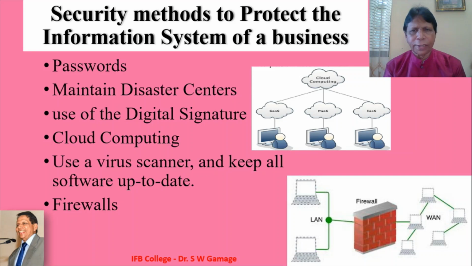They try to protect the value of their documents. Sometimes, without having a disaster center, they store it in cloud computing. One point is that sometimes cloud computing might not be a good system to protect the data. Anyway, using a virus scanner, right, keeping all software up to date, and firewalls are the tools which we can use to protect the information system of the business.